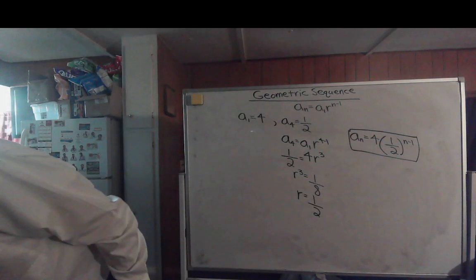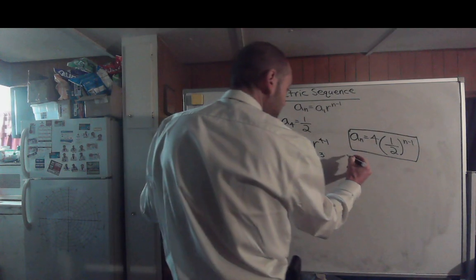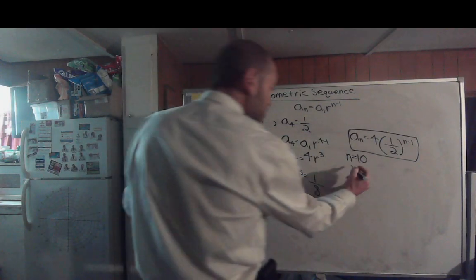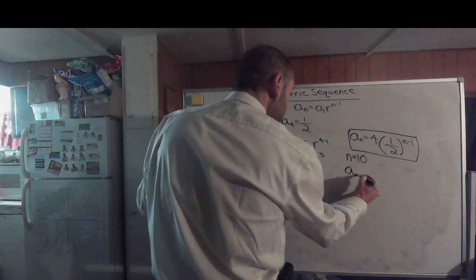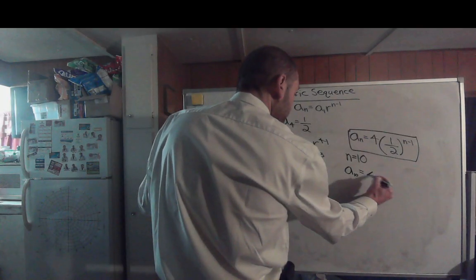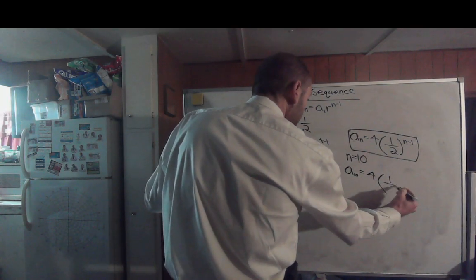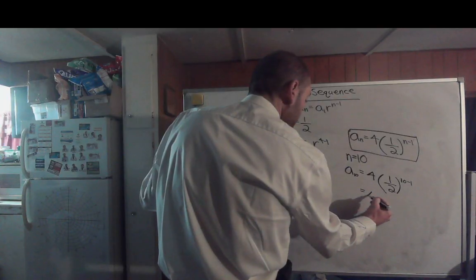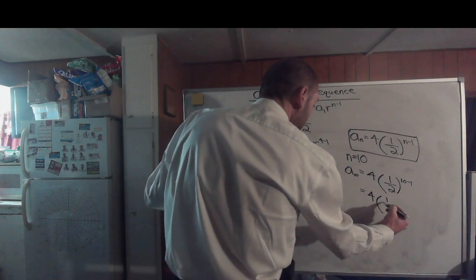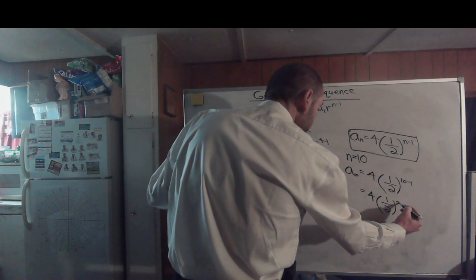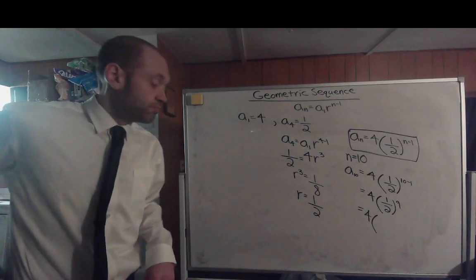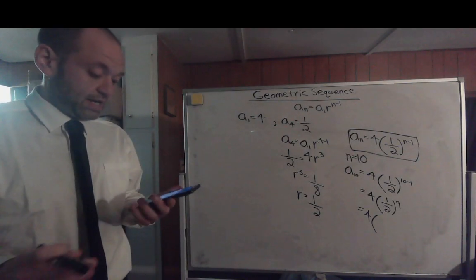Now, they would like for us to find the 10th term. So let's find a sub 10. That's going to end up equaling 4 times 1/2 to the 10 minus 1, which would equal 4 times 1/2 to the 9th, which would be 4 times some really big denominator, of course.